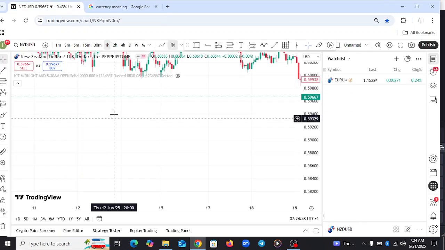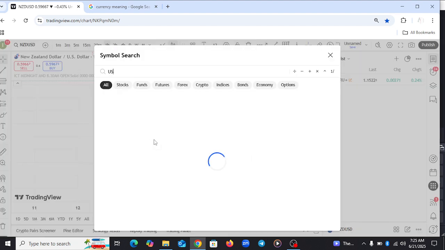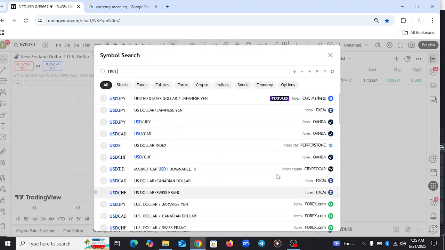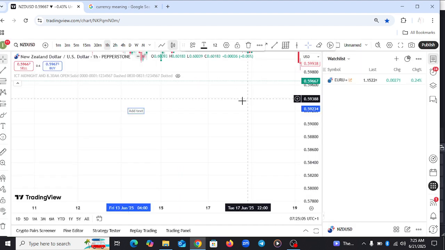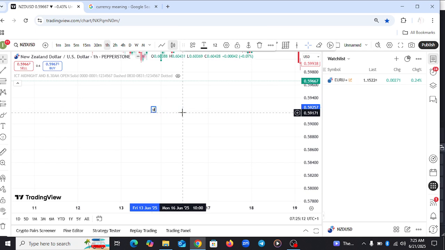Now, the next thing you have to understand is when you pair a currency, what name do you give to the currency that comes first, and what name do you give to the currency that comes second? Take for example, we have a currency like USD, followed by CAD.